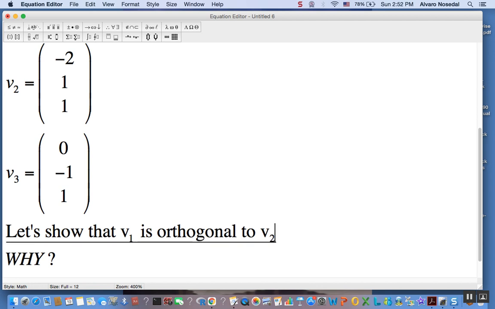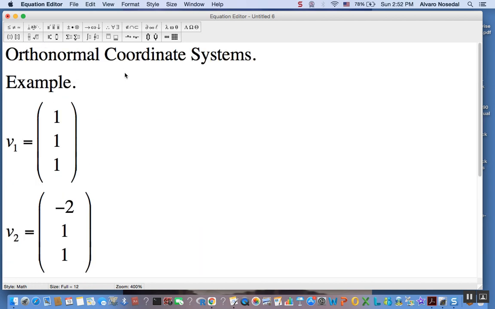Remember that the Euclidean inner product is the one that we are going to be using. So in this case, the Euclidean inner product between v1 and v2 would be 1 times negative 2 plus 1 times 1 plus 1 times 1.